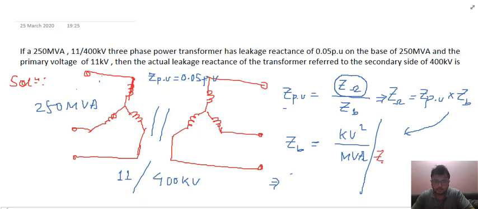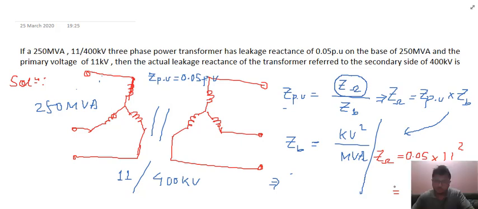So Z ohm equals Z per unit. Z per unit value is how much? 0.05 into ZB. ZB means kV square by MVA. On what base? 11. So 11 square divided by how much? 250 MVA. So how much will we get for Z ohm?